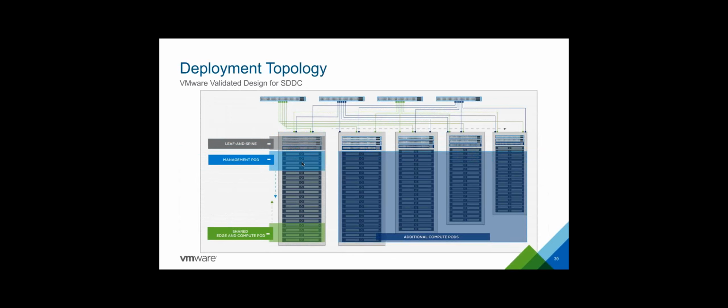You may have your spine switches in there as well, or they may be at end of row, center of row, or what have you. Management pods are represented here. You can expand that management pod if you want to. Management pods in blue start with the minimum of four vSAN ready nodes. Your shared edge and compute seen down there in the green, minimum of four nodes to start with. Anything compatible, and you can grow from there.